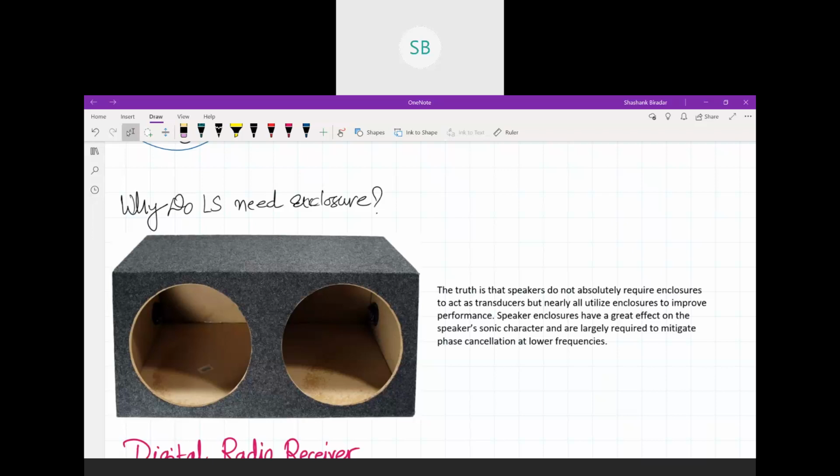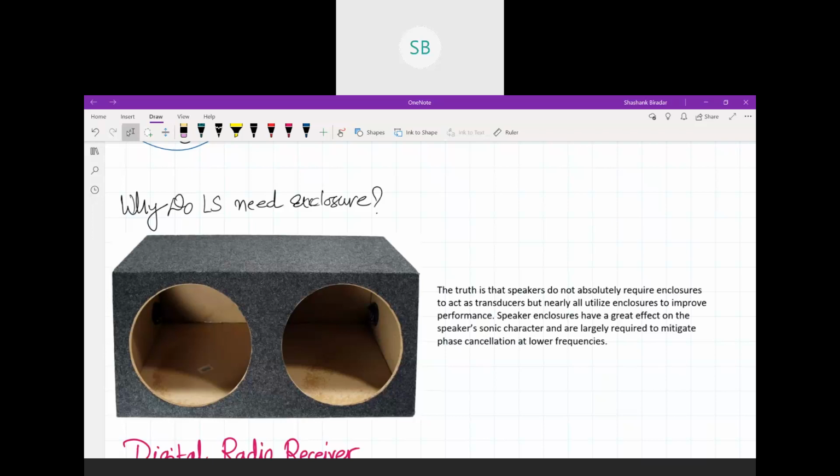The truth is that speakers do not absolutely require an enclosure to act as a transducer, but nearly all utilize an enclosure to improve performance. The speaker enclosure has a great effect on the speaker's sonic character, and is largely required to mitigate phase cancellation at lower frequencies, because if you test a particular loudspeaker without enclosure and with enclosure, you can feel the difference.